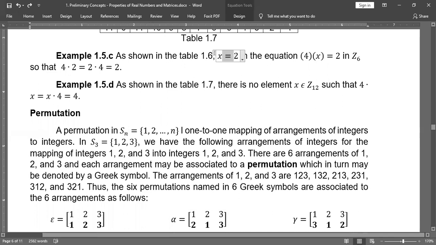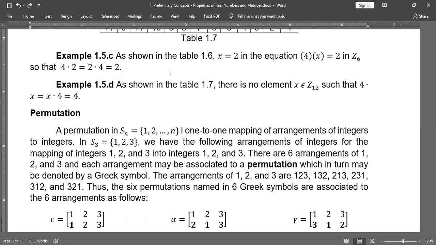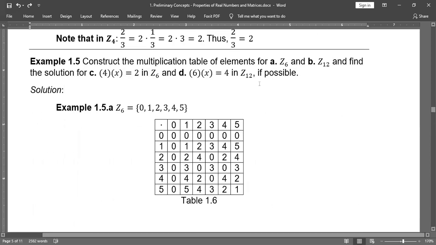So, yung sa example ko, ang binigay lang na solution is yung x is equal to 2. Although, yun nga, pwede rin si 5. And for letter D, we are looking for an element of the set that, when multiplied by 6, the result is 4.